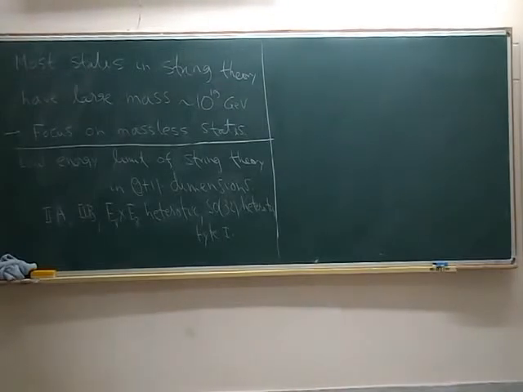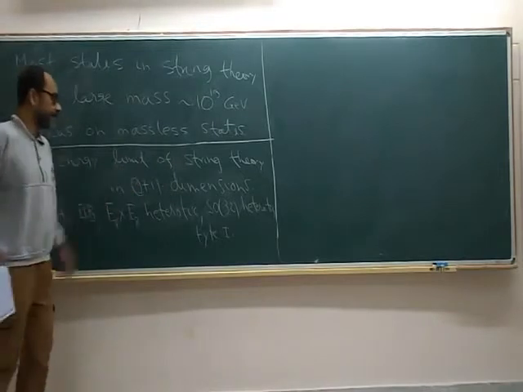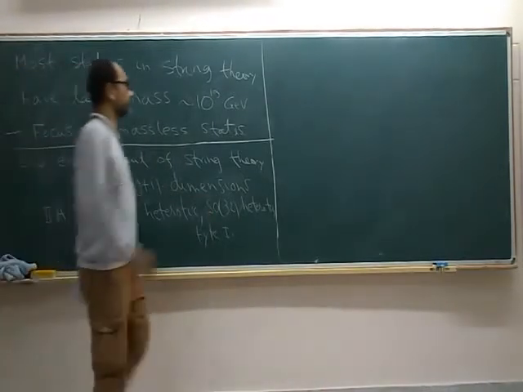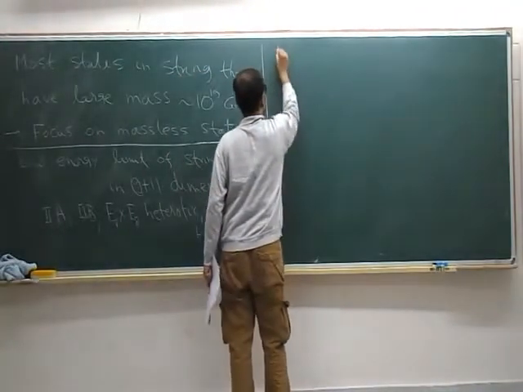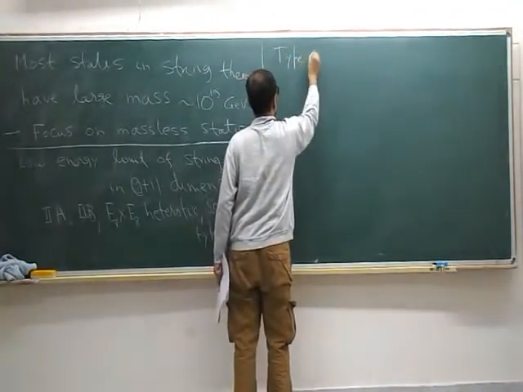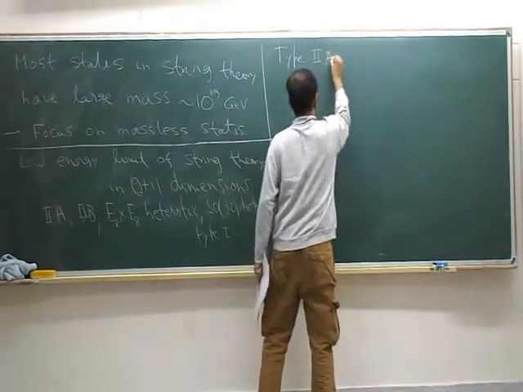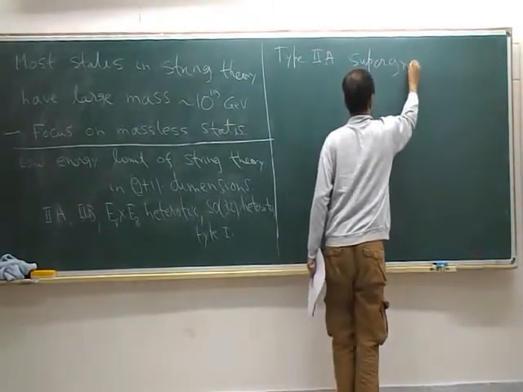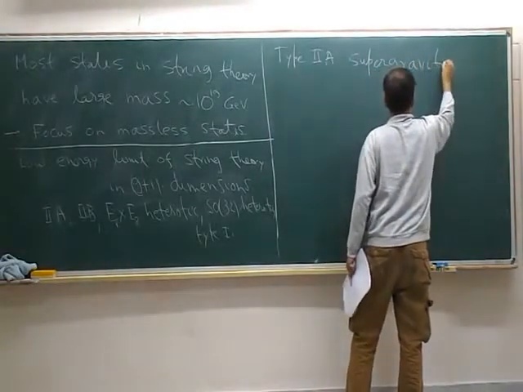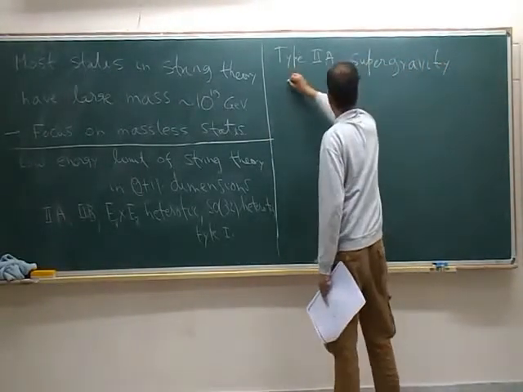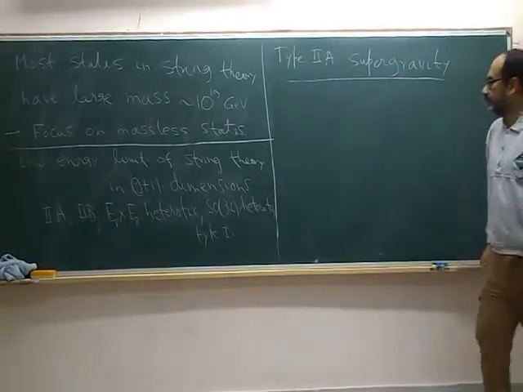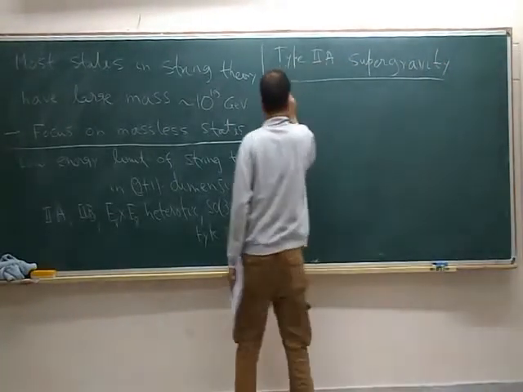Okay, so we start by writing down the low energy limit of type 2A supergravity. So we focus on the bosonic fields first.